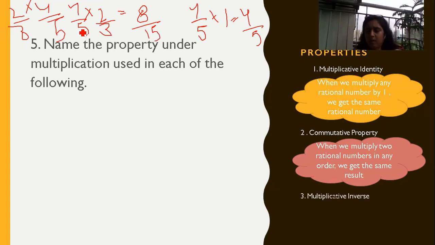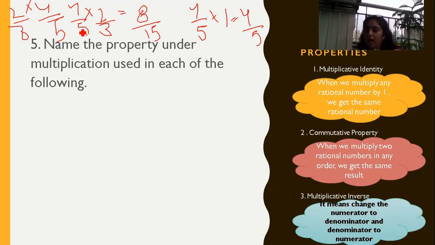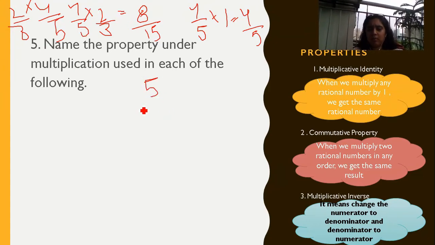And our next property is multiplicative inverse. In my previous questions, I think question number 4 or 3, I don't remember exactly, we had to find the multiplicative inverse of some numbers, and what we did in that was change the numerator to the denominator and the denominator to the numerator. Suppose I want to know the multiplicative inverse of 5 upon 6.